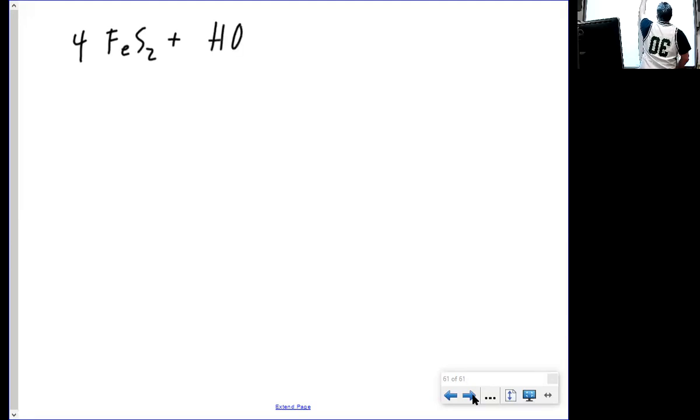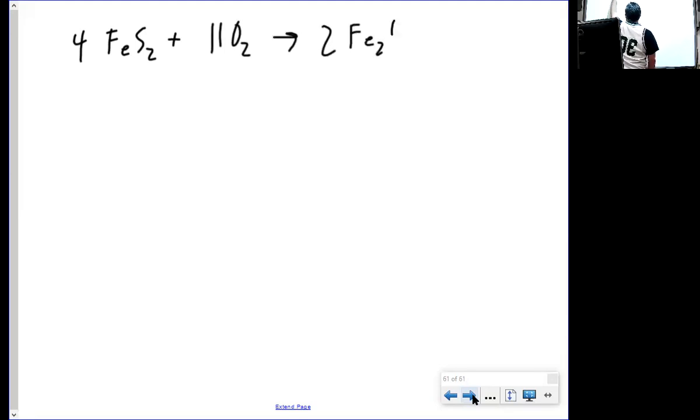Consider the following reaction. 4 FeS2 plus 11 oxygens yields 2 Fe2O3 and 8 sulfur dioxides.